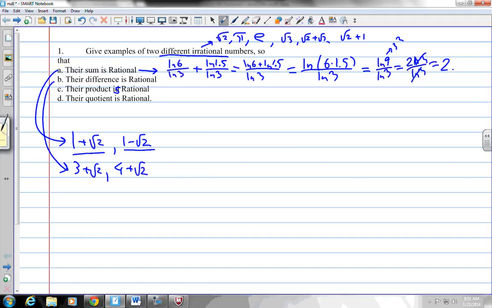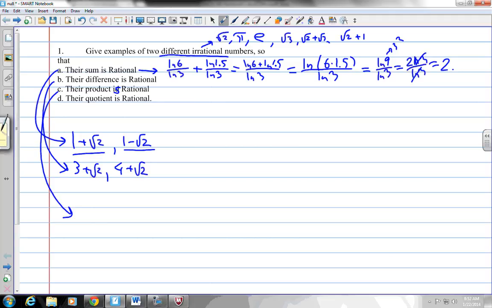Now, how about C? Square root of 2 times the square root of 3, because we can understand that as 2 to the 1 half times 3 to the 1 half. No, because they're not on the same base.